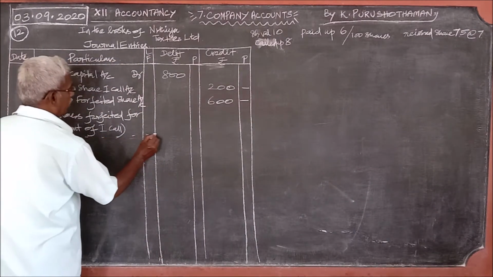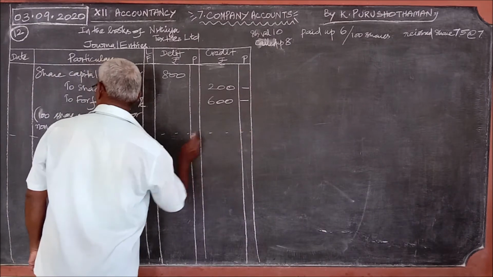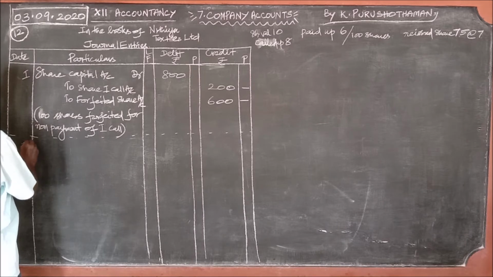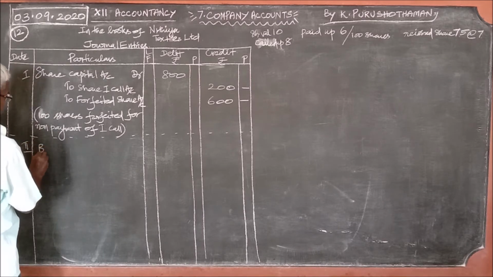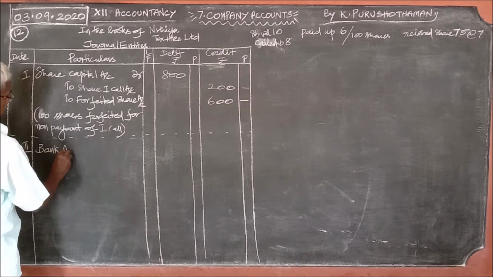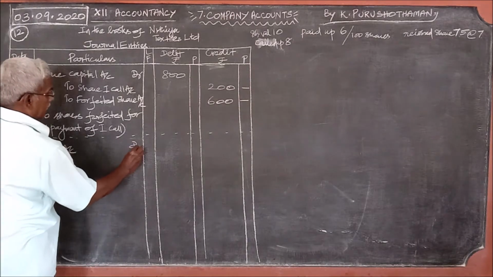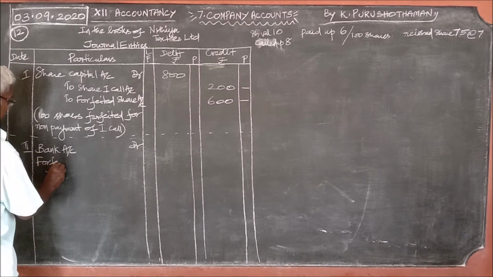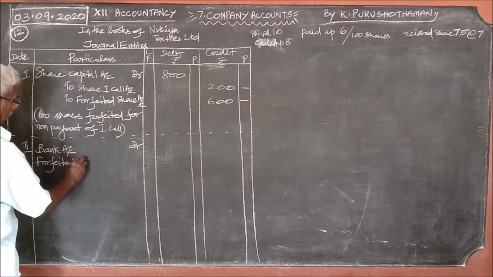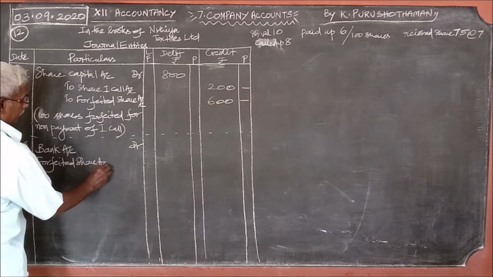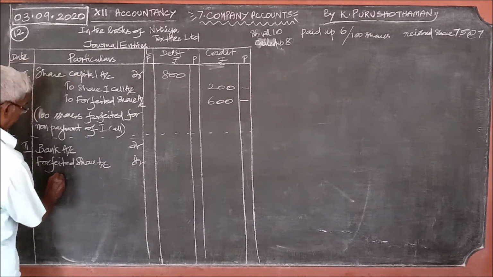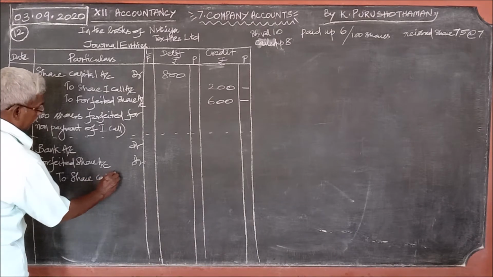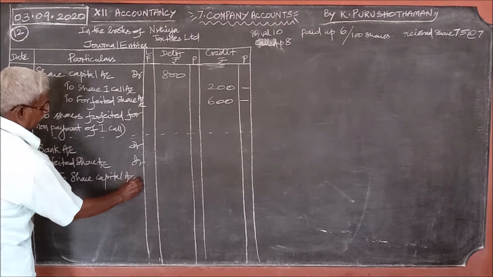Then what about the reissued shares? What is the journal entry for reissue? This is the first journal entry, then the second journal entry. For reissue: bank account debit, forfeited share account debit, to share capital account.